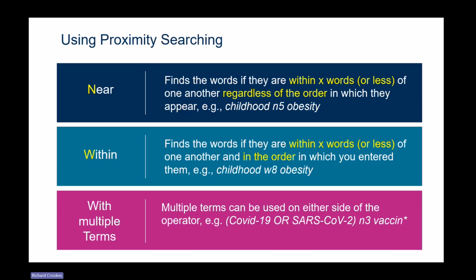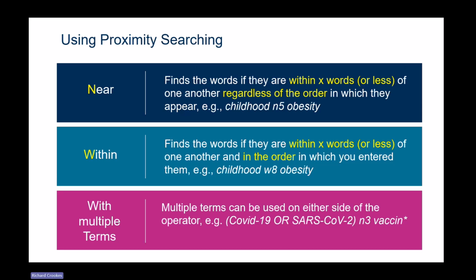The proximity search, which is the default search mode for searching CINAHL and MEDLINE for the NHS and other institutions, is within, and I think it's within 0. So essentially it's performing a phrase search. Okay, so that can be configured behind the scenes, but since it's done nationally and centrally, it's not something you could necessarily change.